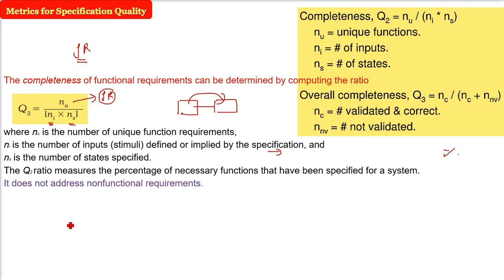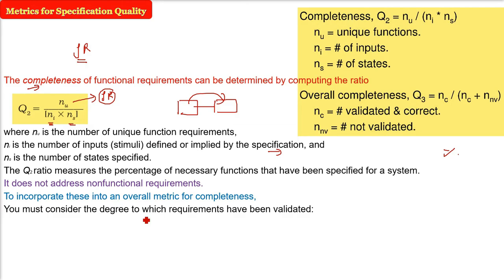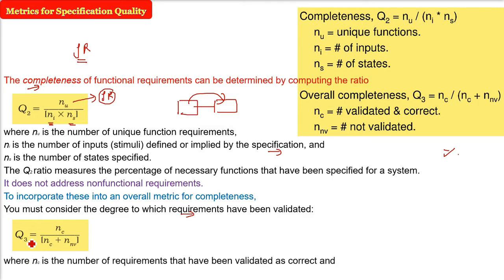But the one point about this metric is it does not address the non-functional requirements. In order to incorporate it into an overall metric for completeness, functional and non-functional, we need to validate the degree to which the requirements have been validated. For that, another metric is there, Q3, NC by NC plus NV.